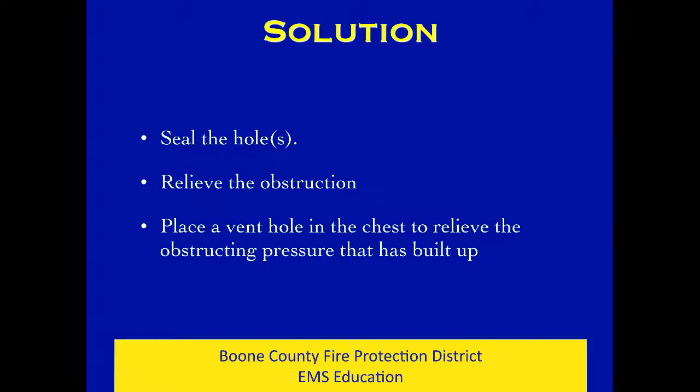Now, if this was due to a penetrating wound, then you've got a hole in the chest. So a gunshot, a knife, whatever, pokes a hole in the chest and causes the lung to collapse. And with each breath, a little bit of air is trapped inside the chest wall, and over time that builds up. Doesn't have to be a long time, can be a matter of minutes. And that tension builds up.